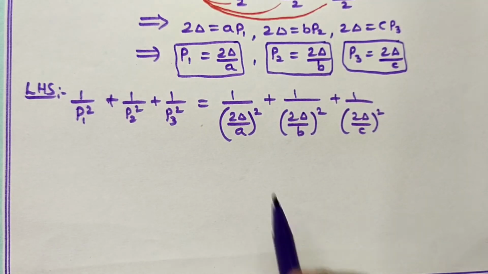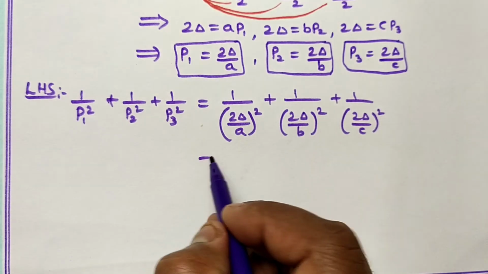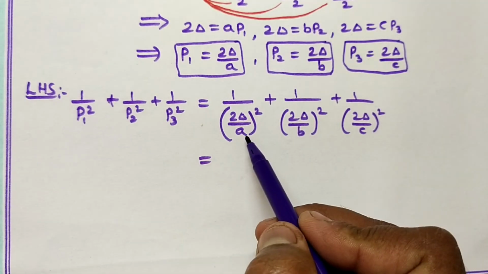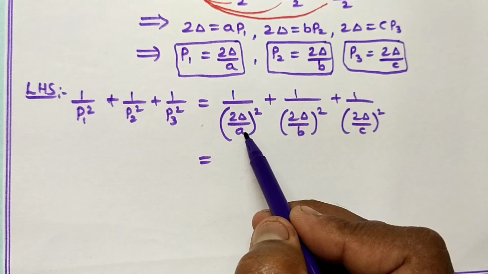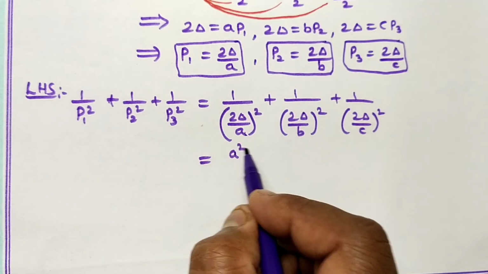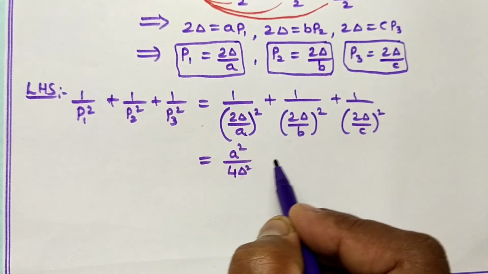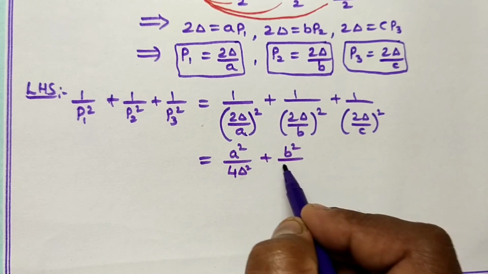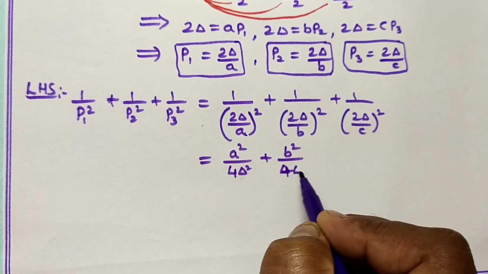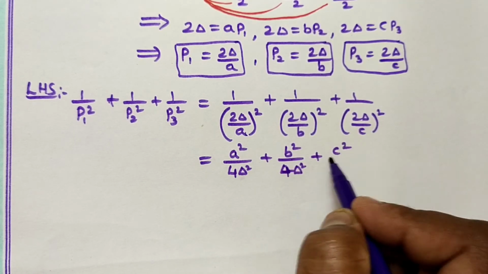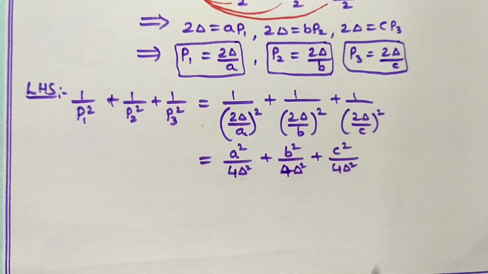After this step, shall I write directly? So denominator of denominator goes to numerator. So A square will become a numerator by 4 delta square plus B square divided by 4 delta square plus C square divided by 4 delta square.